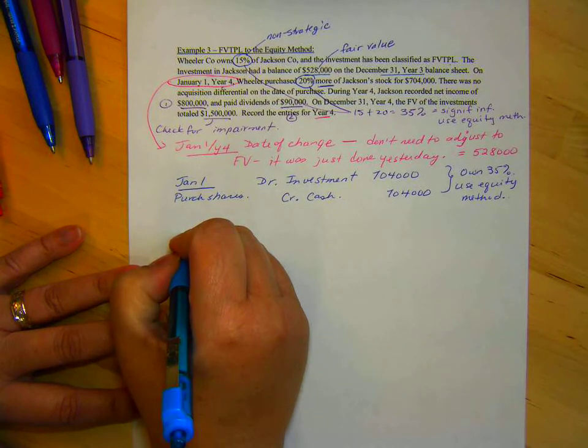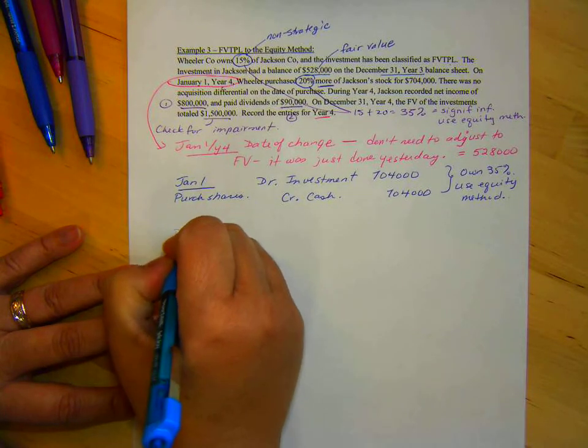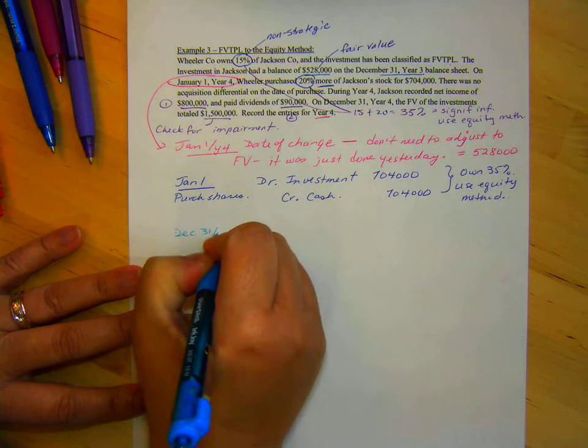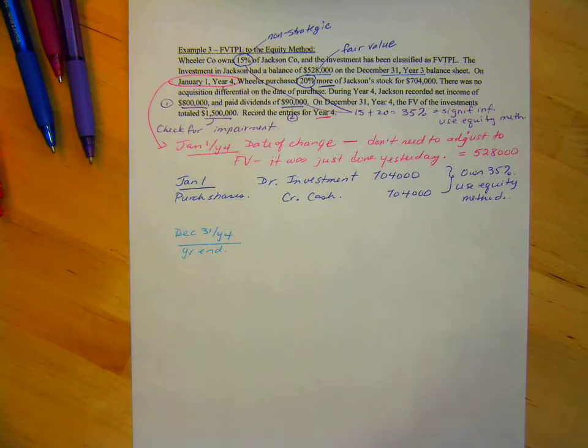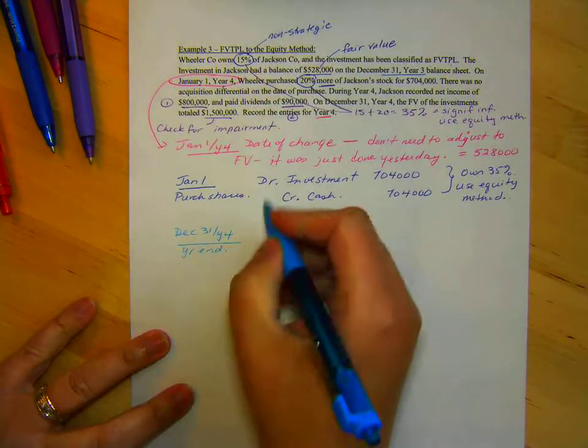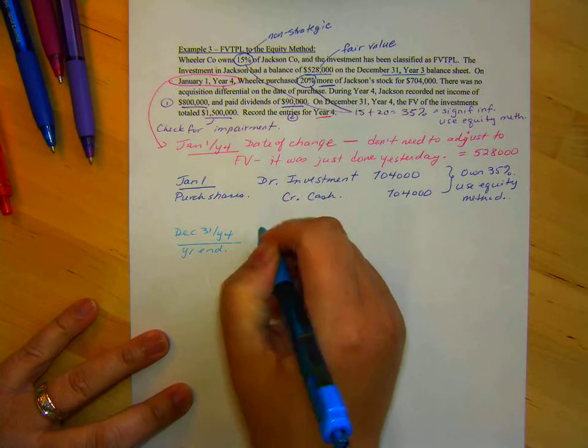Okay, so we get to December 31st. It's year end. And there's two things I have to do entries for. Okay, what are the two things? Dividends and net income. So let's see what we did for dividends.